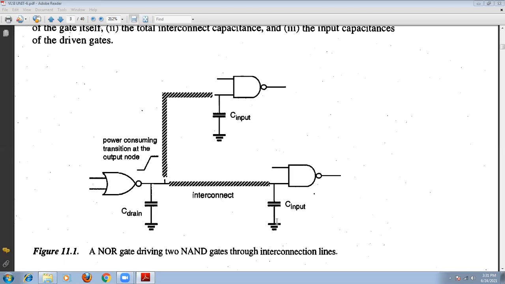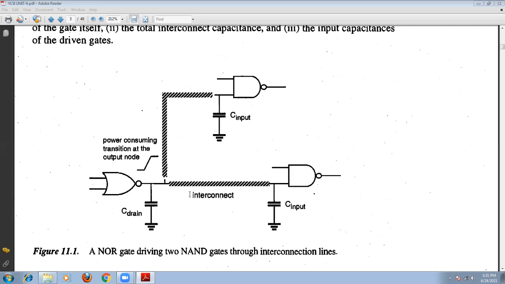So we can consider that the output node capacitance of the gate consists mainly of junction parasitic capacitance. This is basically the diffusion capacitance, because the transistors are in on and off conditions.